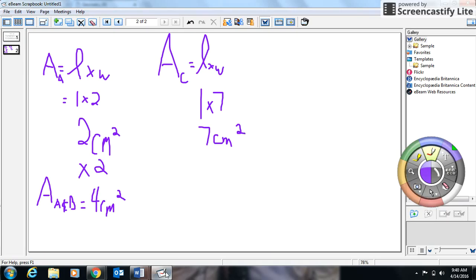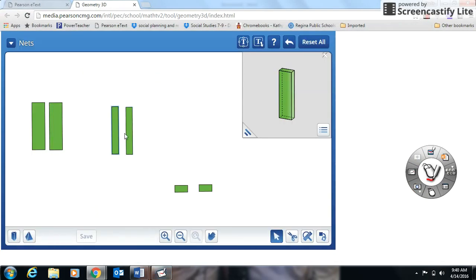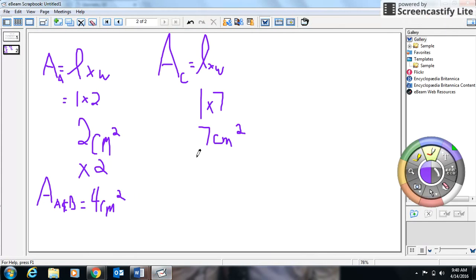But I have 2 congruent shapes, so I have to multiply that by 2. I know now that the area of C and D, sorry about my writing, but you get the idea if you're following along, is 7 times 2, which is 14 centimeters squared.